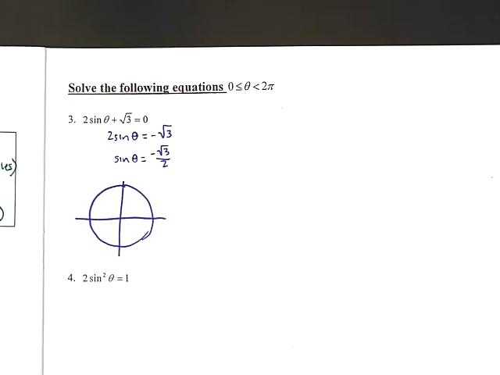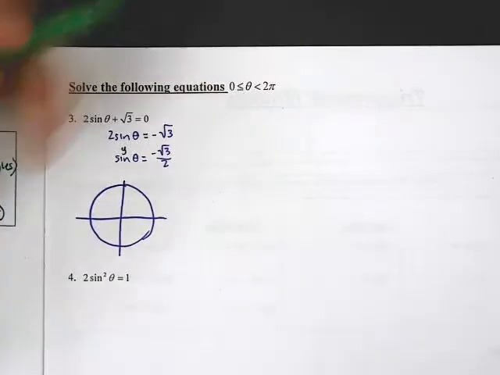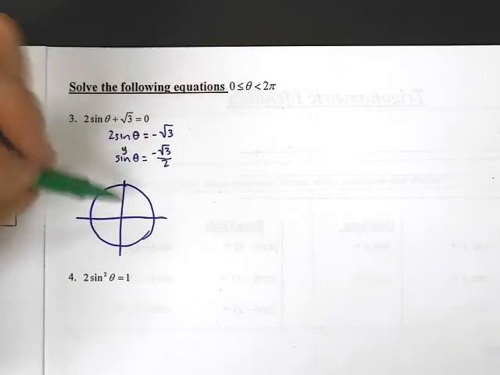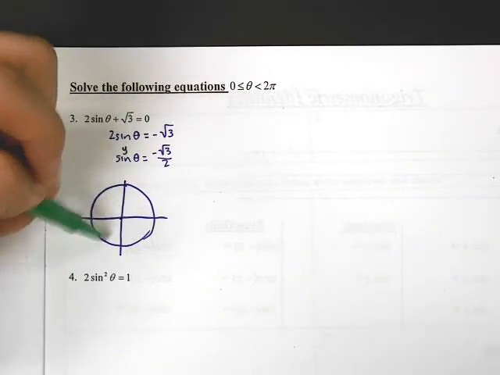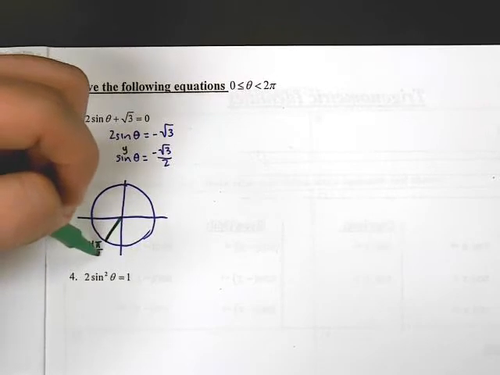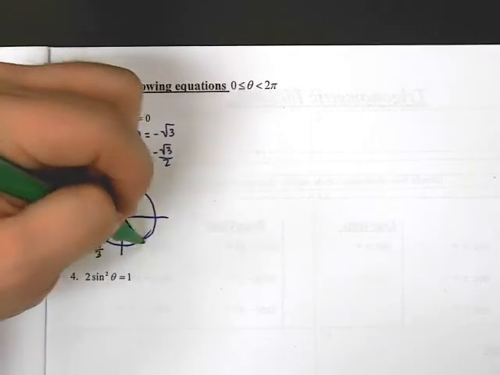Alright, so I sketch a unit circle, and I need to think about, ooh, sine is y. So I want everywhere in my unit circle where y is negative root 3 over 2. Well, I know that occurs down here in quadrant 3, and that's 4 pi over 3. It also occurs down here in quadrant 4 at 5 pi over 3.